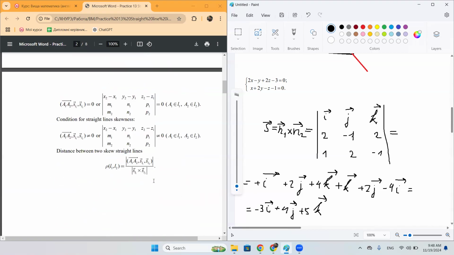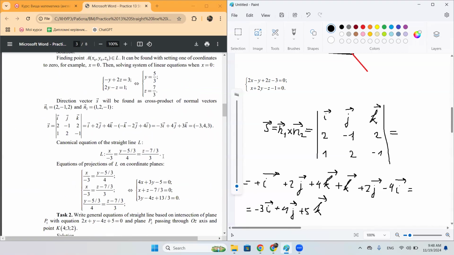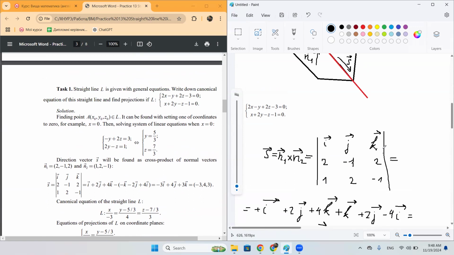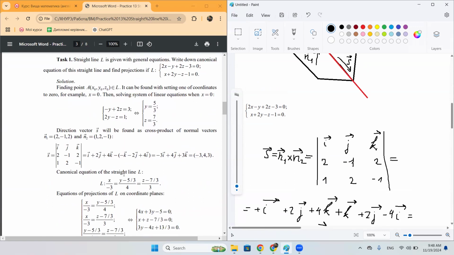And let's check. Yeah, minus 3, so plus 3 here. Let's check what can be incorrect here. So i plus 2 plus 4, plus k plus 2j and minus 4i.